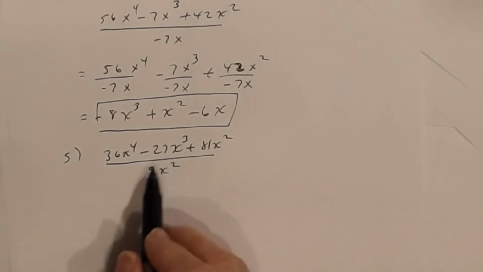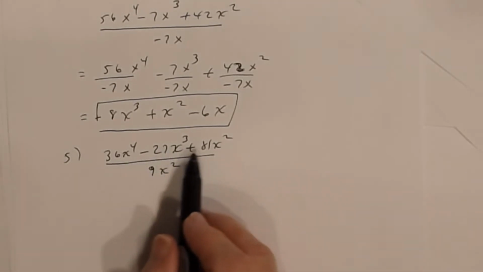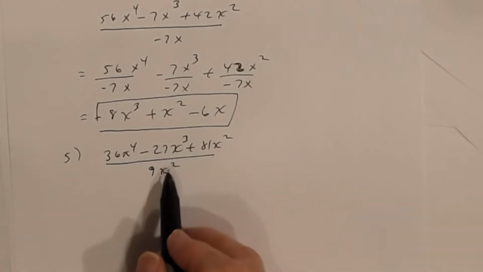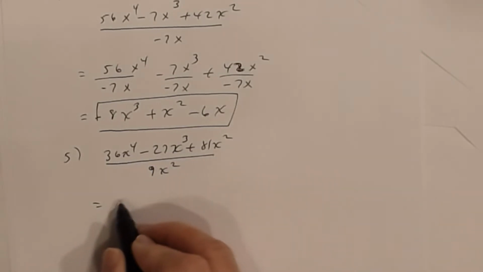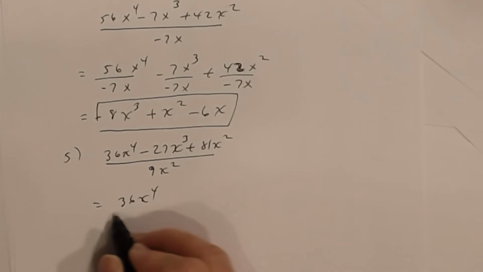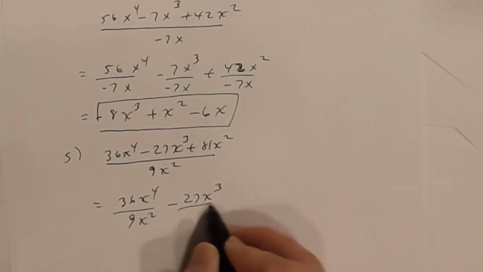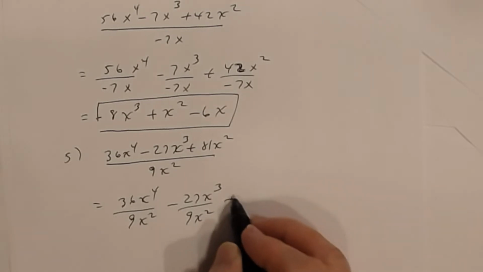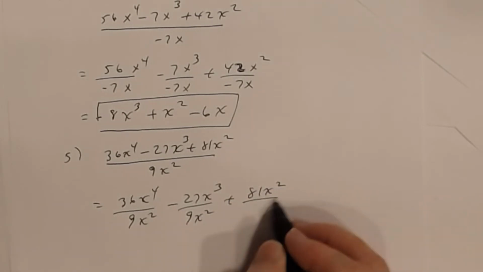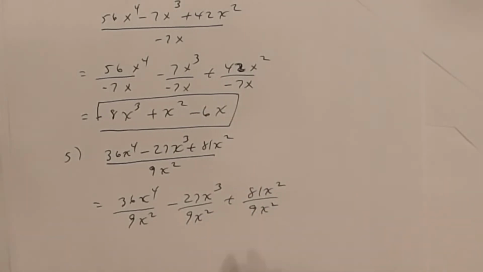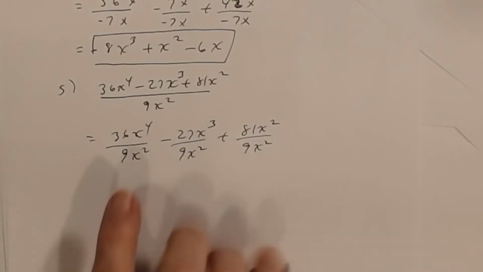So whenever this is a monomial, I can rewrite this as each term divided by the monomial. So 36x to the 4th divided by 9x squared minus 27x cubed divided by 9x squared plus 81x squared divided by 9x squared.